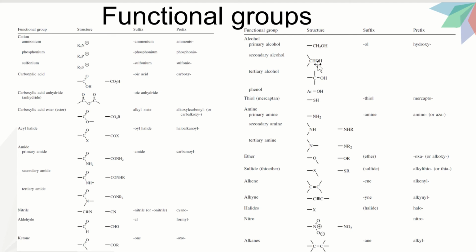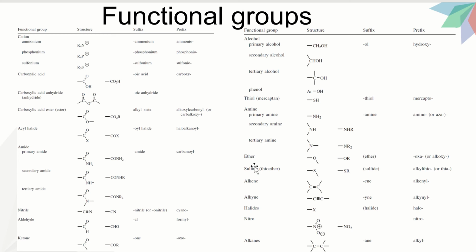For the secondary we have 1, and for the tertiary we don't have any hydrogen attached to that central carbon. Or phenol, which is a benzene ring with one of the hydrogens substituted for a hydroxyl. We know about our amines, which are broken down again into primary, secondary, and tertiary in a similar fashion.